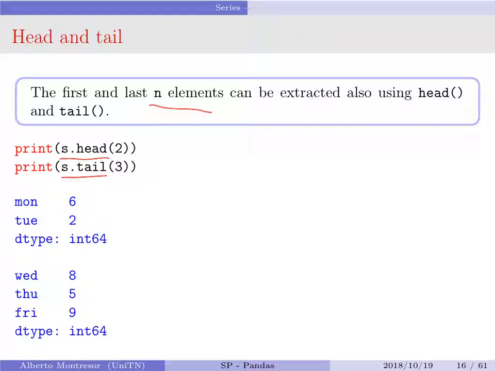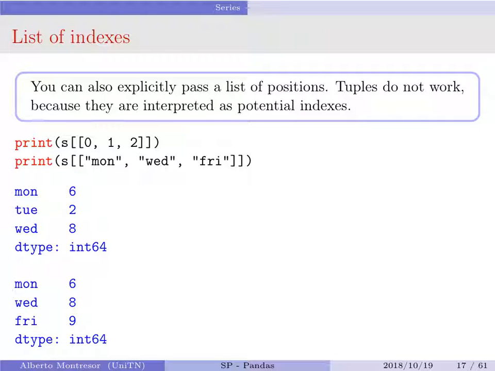And so the head with 2 elements is Monday and Tuesday. The tail with 3 elements is Wednesday, Thursday, and Friday. Okay, so you can extract a sub-part of the dataset.